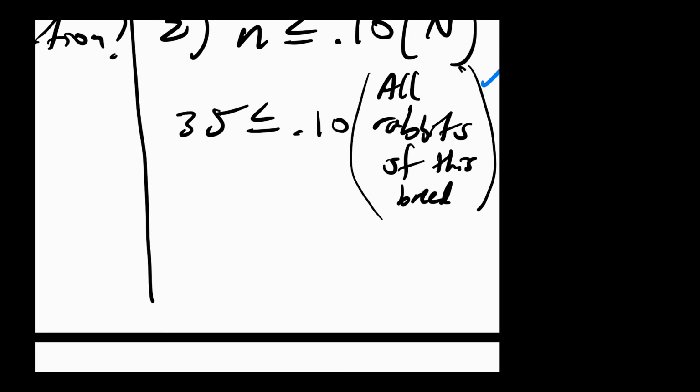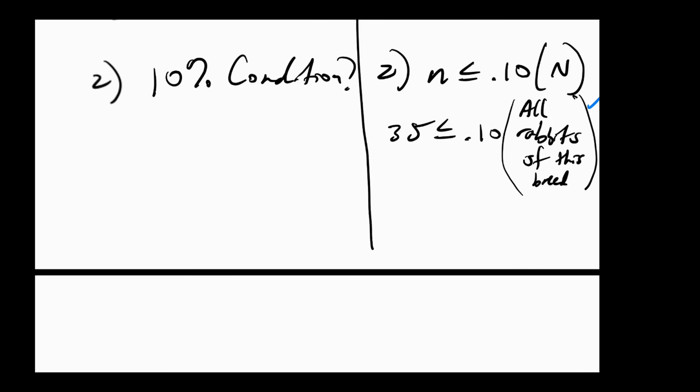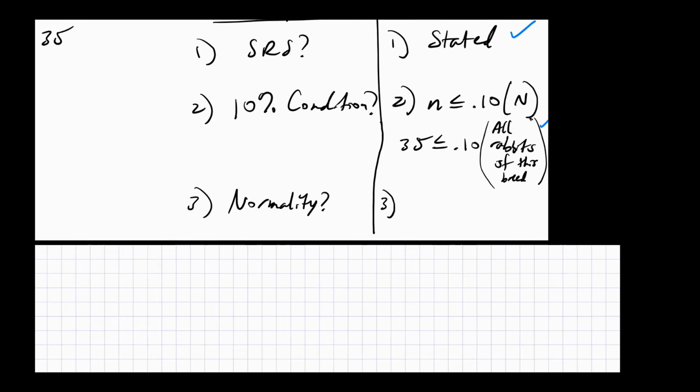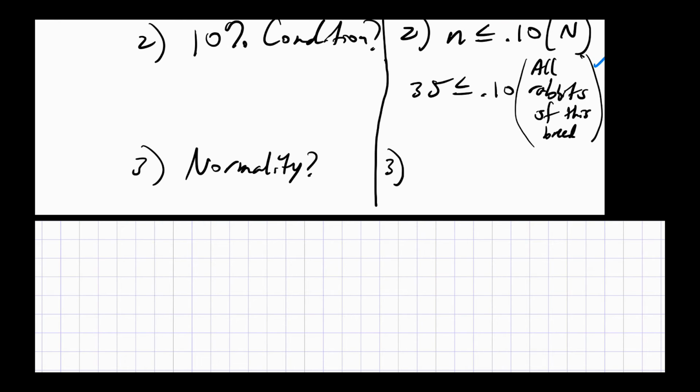Okay. And then the last one, well, we kind of answered the last one already, right? So how can we assume that the sampling distribution will be normal? If n is greater than 30.